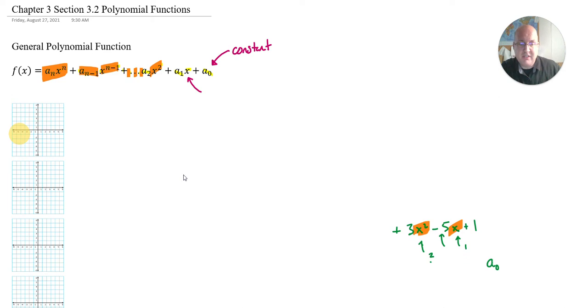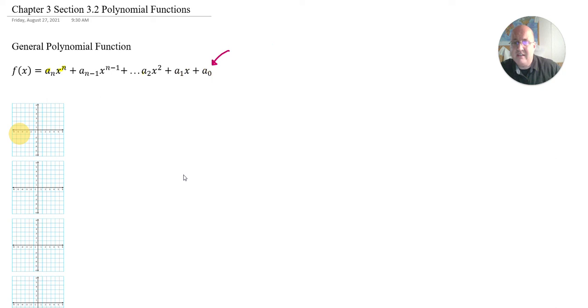The first description that we're going to use is the end behaviors. So I'm going to erase all this, and I'm going to talk about the end behaviors of the graph of a polynomial function. Let's write that down: the end behaviors.